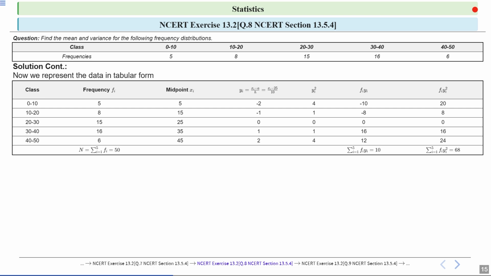At the bottom of the table we calculated n equal to summation from i equal to 1 to 5 of fi, which is 50, summation of fi times yi is equal to 10, and summation of fi times yi square is equal to 68. So we will use these values to calculate the mean and variance of the frequency distribution.